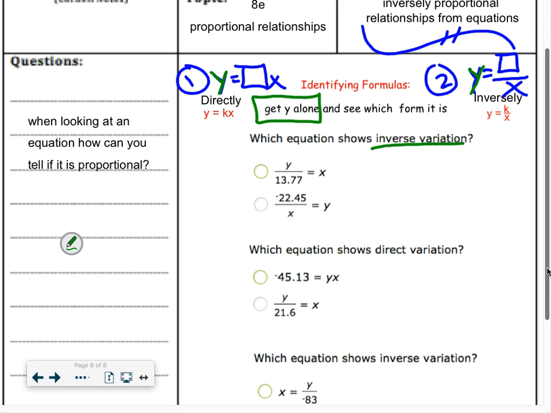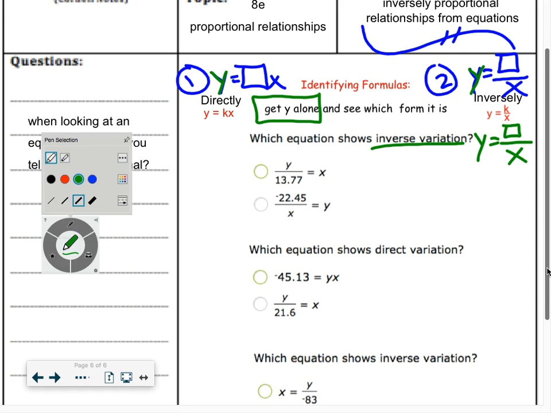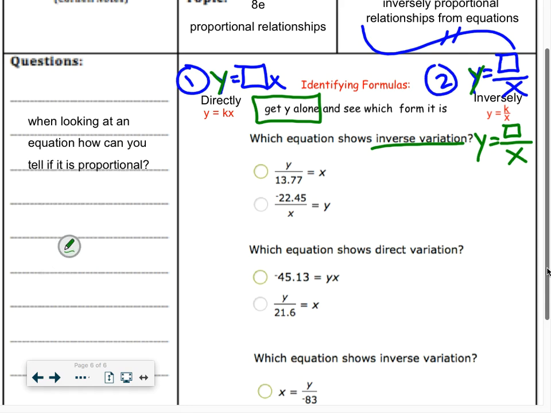So which equation shows inverse? Here's what I know that inverse is. Y equals something over x. So I want to see which one has x as a denominator when y is by itself. First one, the top one, y is not by itself, so you can't analyze it. So I need to get rid of this 13.77. That's y divided by 13.77. What's the opposite of divide?